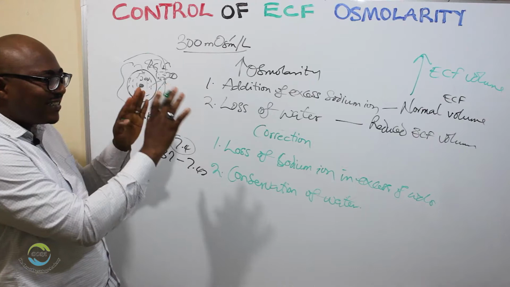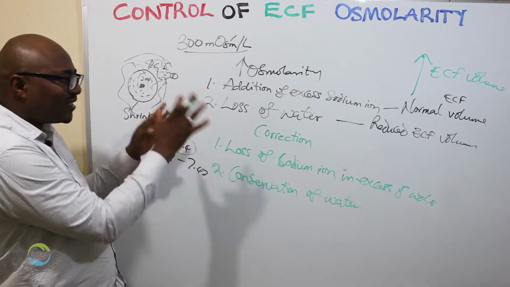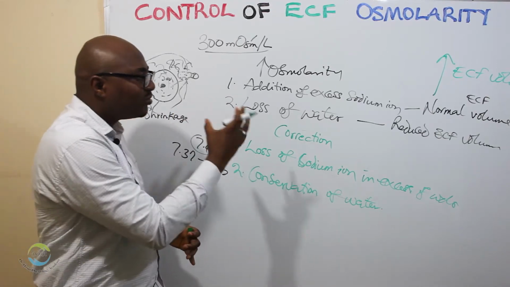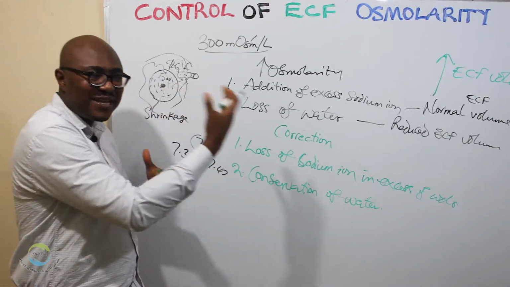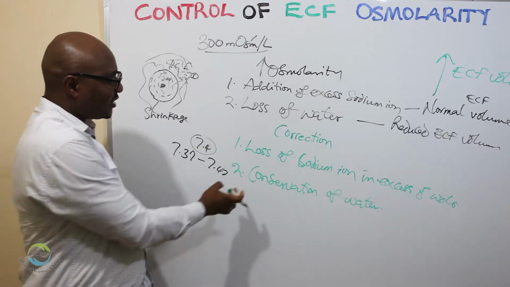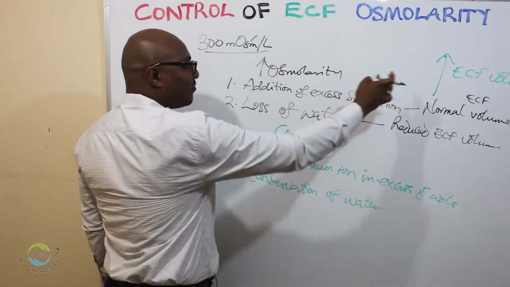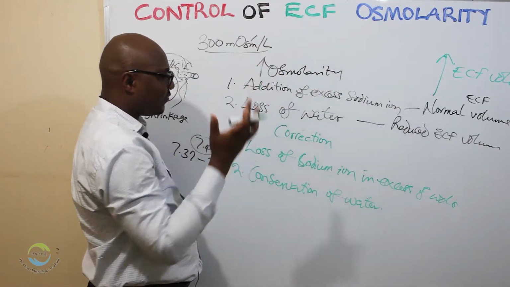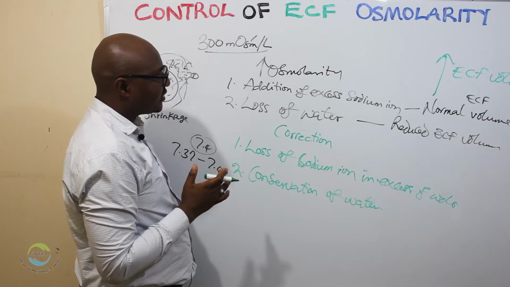So this is the basis of these things. So that's why they have different mechanisms. But we'll now see how the body eventually manages to solve this problem. Because in trying to solve one, another problem arose. They're trying to conserve water because of this. ECF volume is increased.